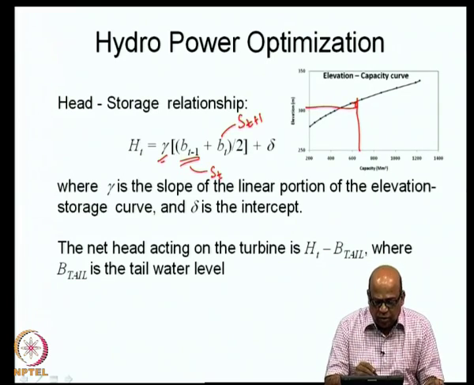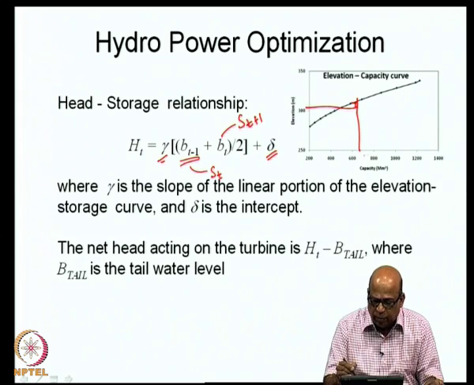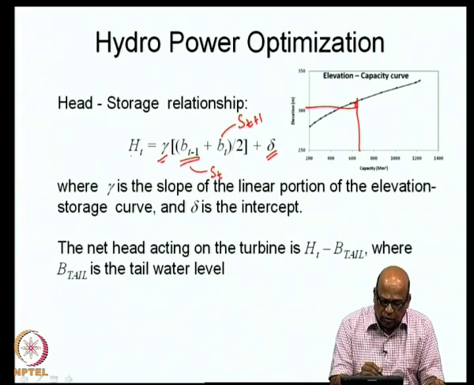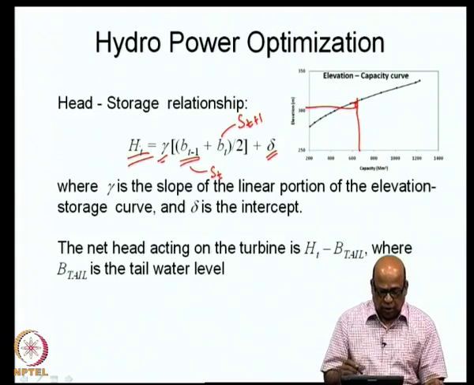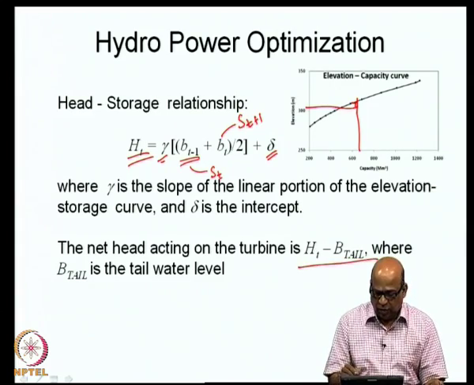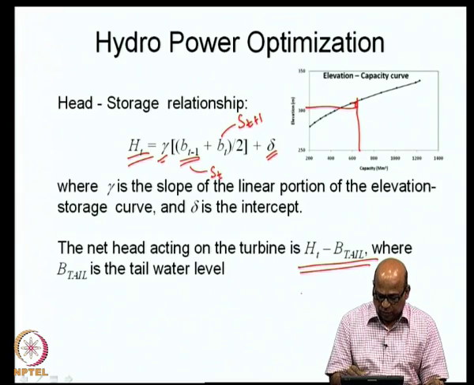We determine gamma and delta, which are the constants here, through the linear relationship or linearized approximation of the capacity elevation relationship. So that for a given value of this storage, namely S t plus 1 divided by 2, we will be able to get the H t. Now, H t is the total head and we may have a tailwater level.